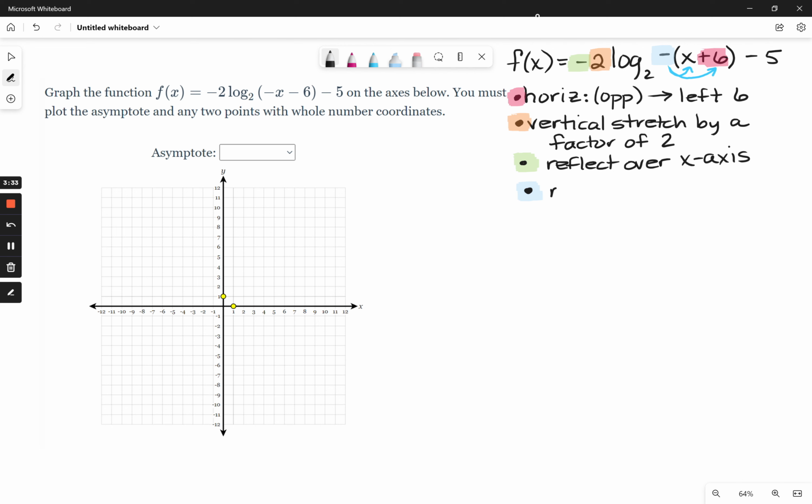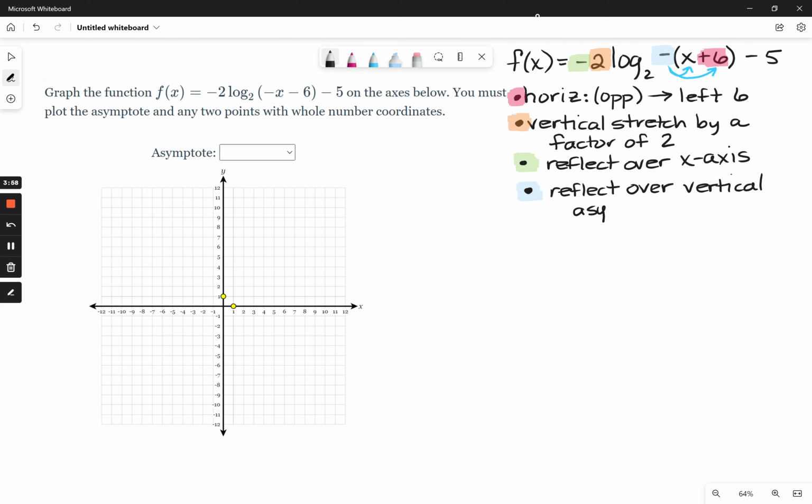This one instead is not going to reflect over the x-axis, because notice that your negative is with the x, not in front of the entire function, okay? This instead is going to reflect over some vertical line. Reflection is happening over a vertical line, specifically our vertical asymptote.